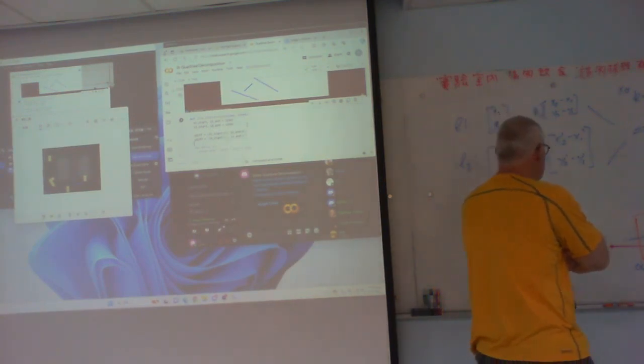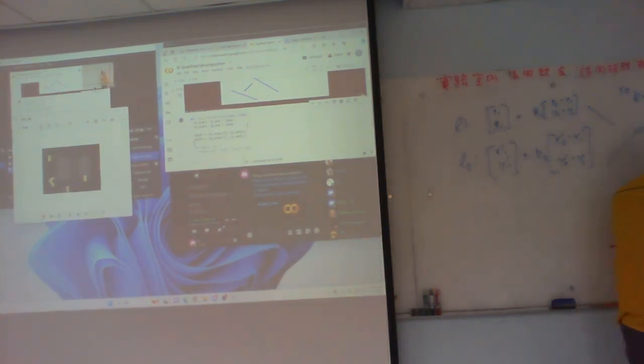Yeah, we have a system of linear equations with four equations, because I have this one, this one, this one, and this one, and two unknowns. So we need to find a solution to that system of linear equations.